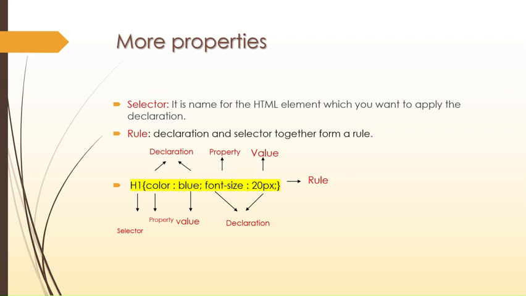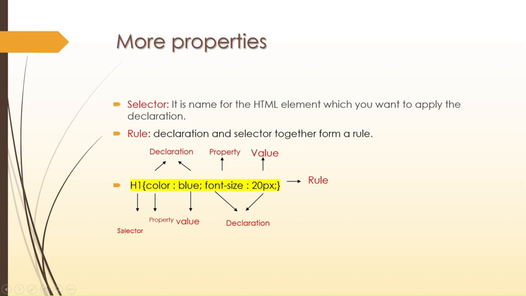Next we have our rule. Declaration and selector together form a rule. So I have created such a flowchart for you, so you are able to know about it. We have this tag, which is an HTML element. This HTML element is a selector.